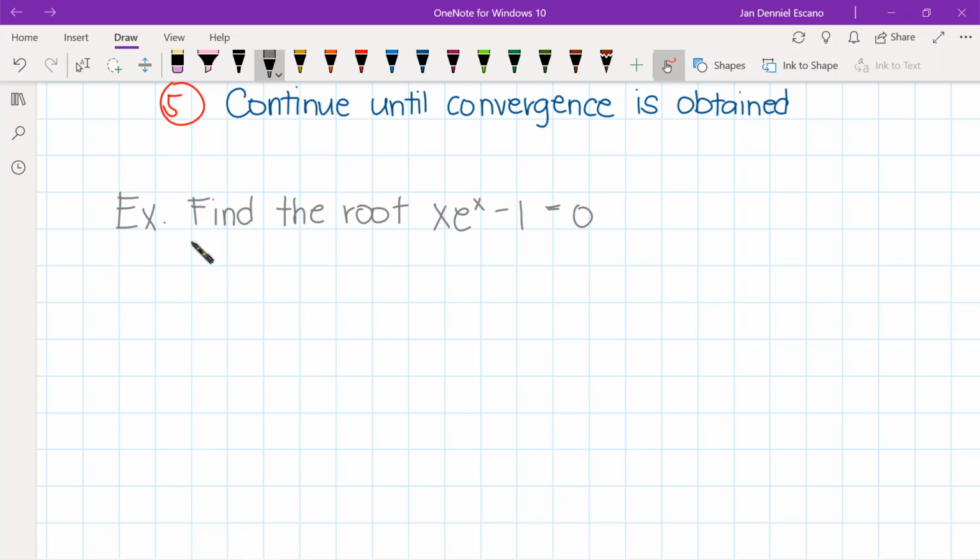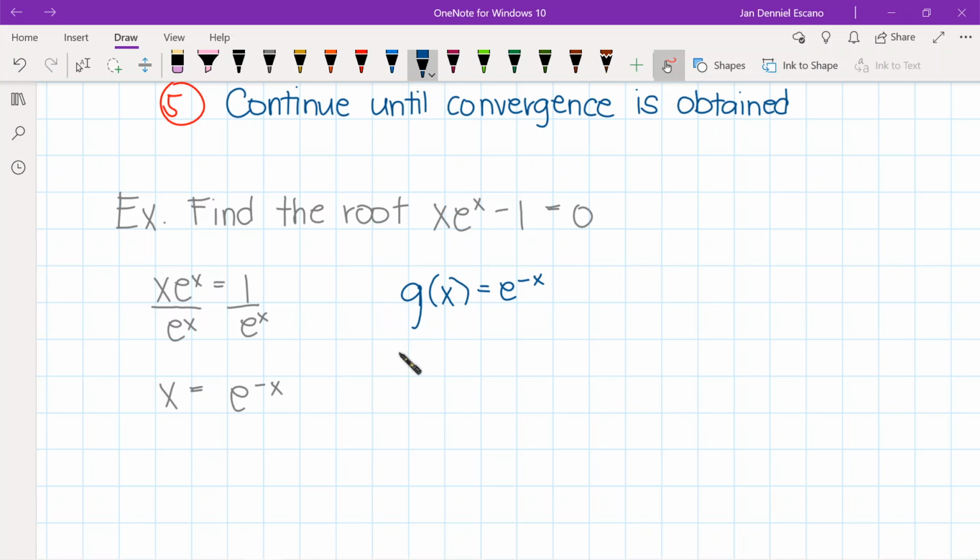So by using fixed point iteration, we can say that x e raised to x is equal to 1. Okay? And then you just divide both sides by e raised to x. We can say that x now is equal to e raised to negative x. And therefore, we can now use the fixed point iteration because we now have g of x which is equal to e raised to negative x.